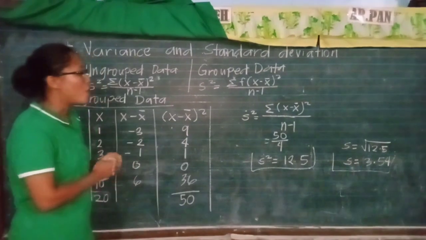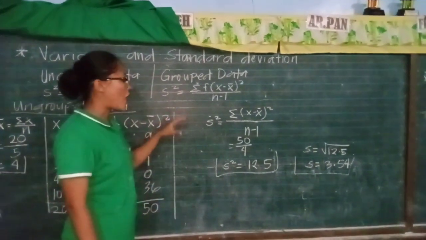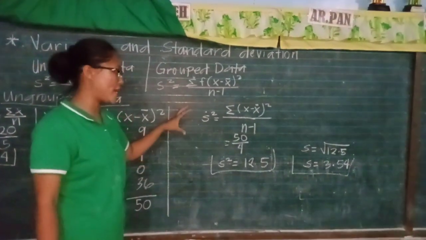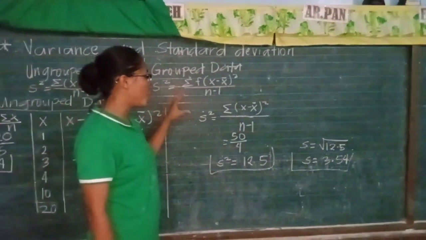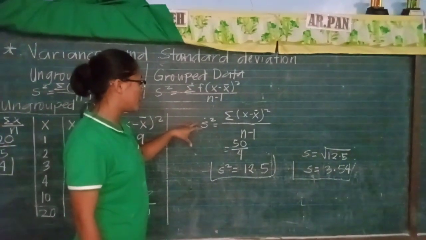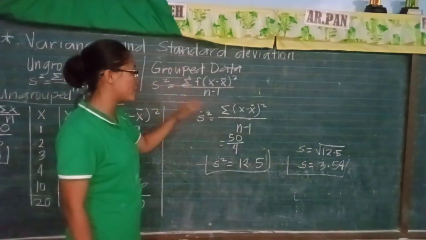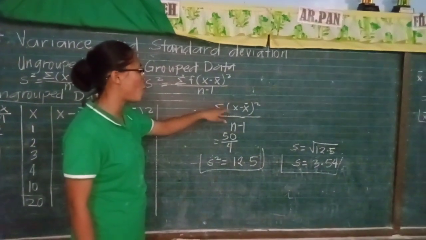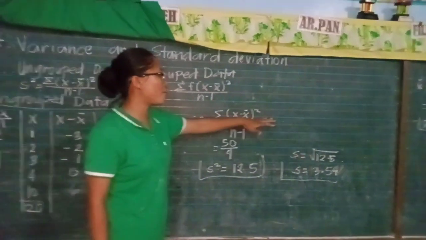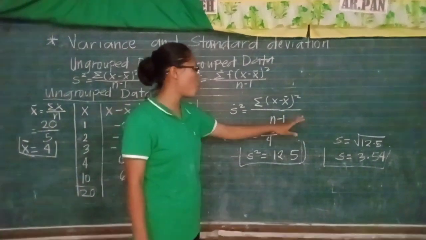And now, we will proceed to our last step, to find our variance. And we will use this formula, and it will be S squared is equal to summation of quantity of x minus mean raised to the power of 2 over n minus 1.